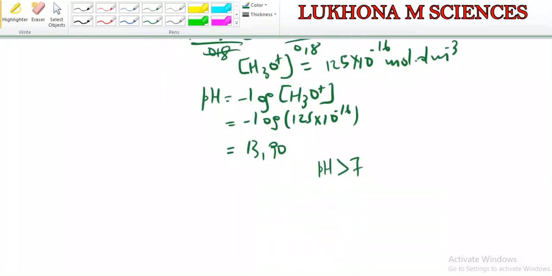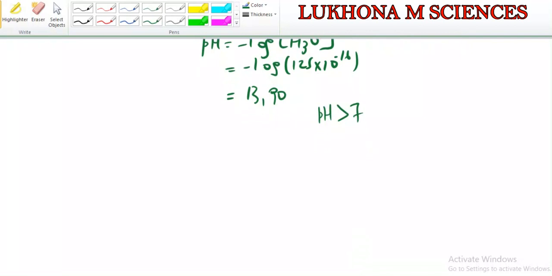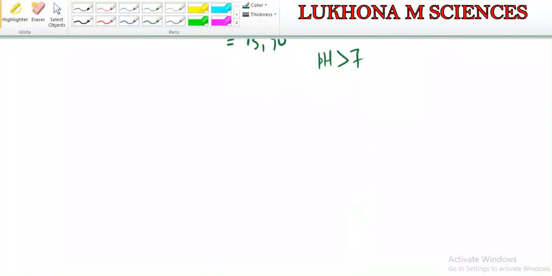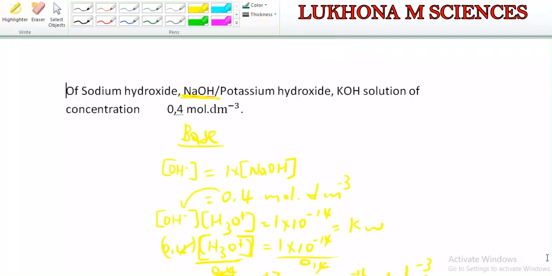Now let's say we are given the pH. Then the question says calculate the concentration while we are given the pH. Okay? Now let's go to that question. Let's say we are given that the pH of sulfuric acid is, let's say, 3.